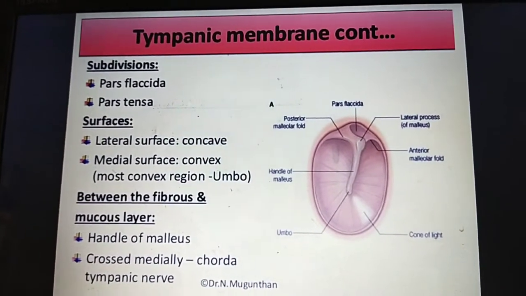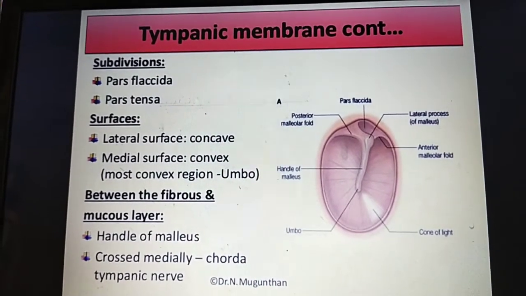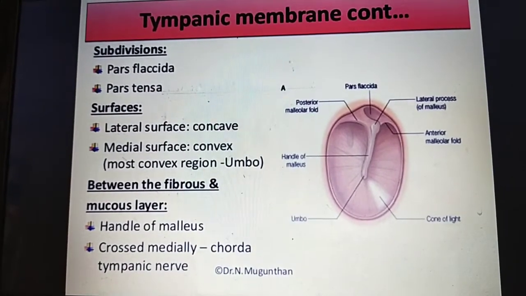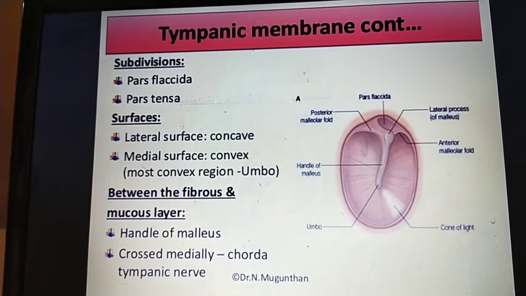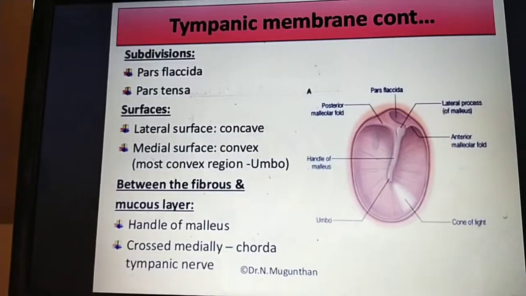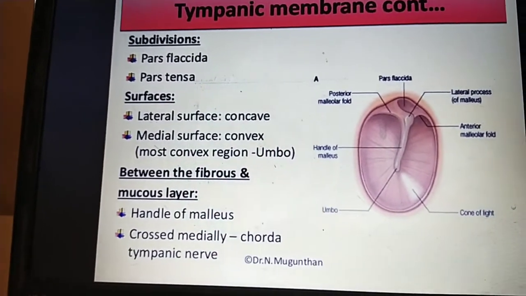It has two surfaces. One is the lateral surface, which is concave, and the medial surface, which is convex. The lateral surface continues with the external auditory canal, and the medial surface forms the lateral wall of the middle ear, and it is the most convex region.